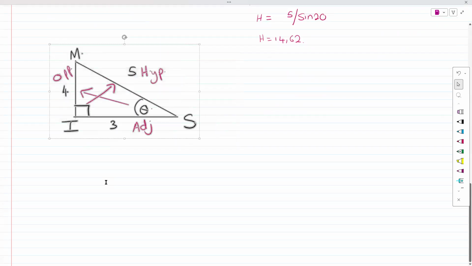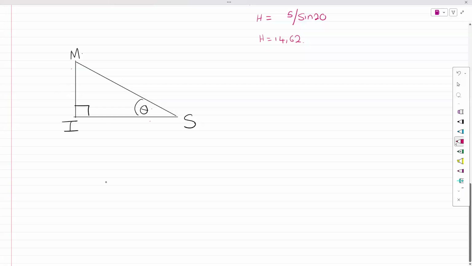Shade. Pick your number, Shade. Like any number. 6. Pick your angle. 30.